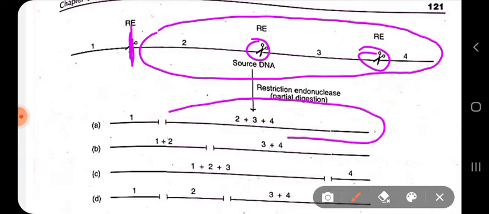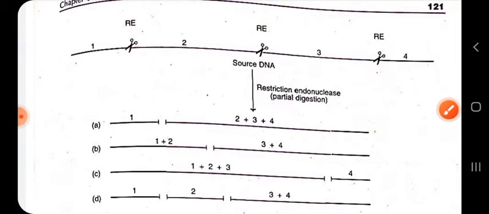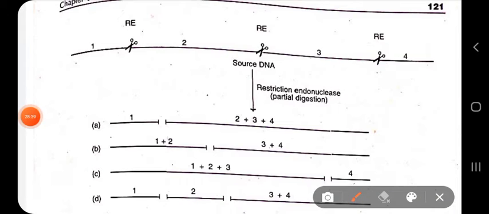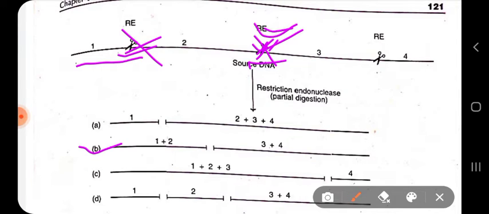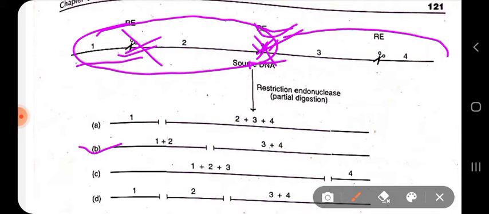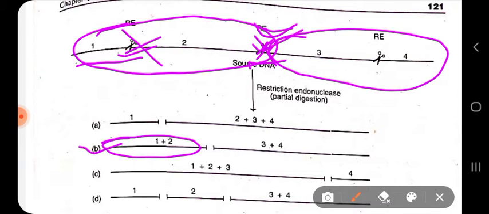Thus, we get a large fragment here. In the second figure, we have not allowed the restriction enzyme to digest in this site; we allow it to digest in this site. That's why we get two fragments, 1, 2, and 3, 4.